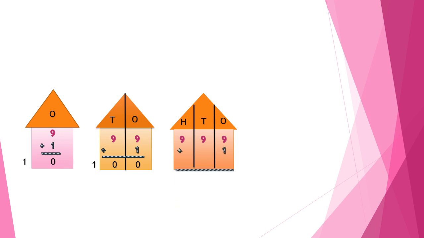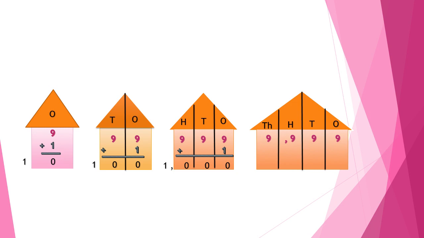If we added 1, it becomes 1000. It's a 4 digit. So we need another home. This home has 4 places, ones, tens, hundreds, thousand. And the greatest number I can put inside it is 9999. Then our new place is called thousand.